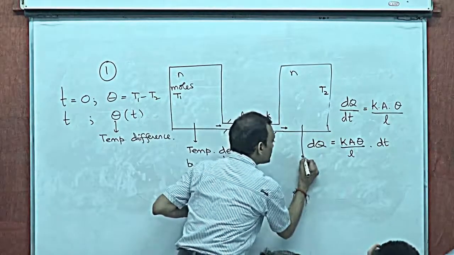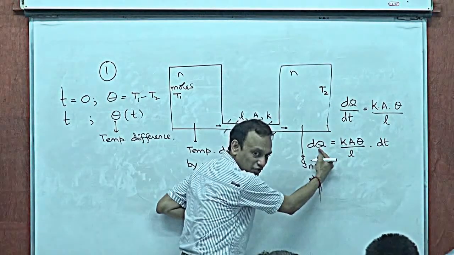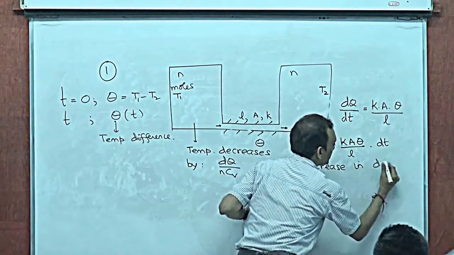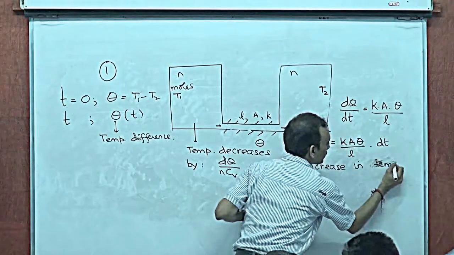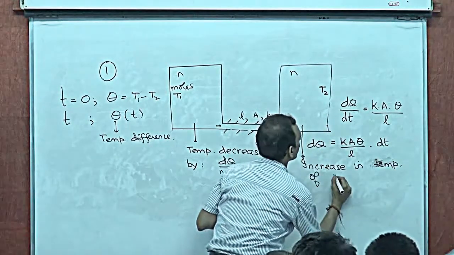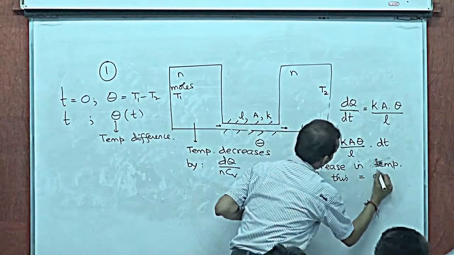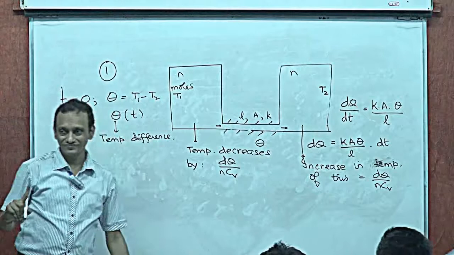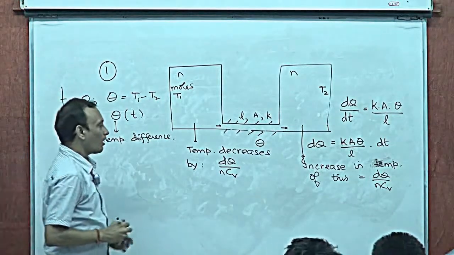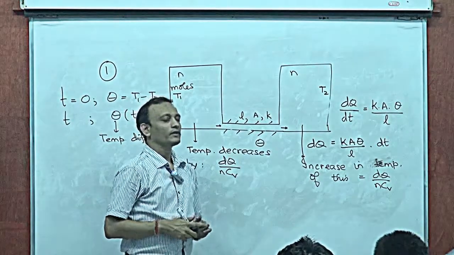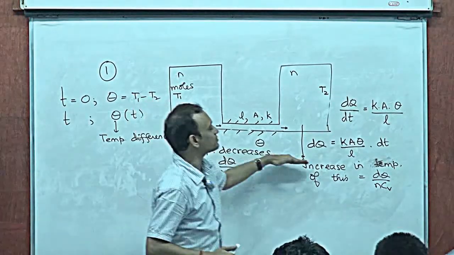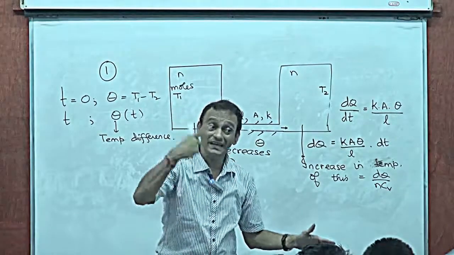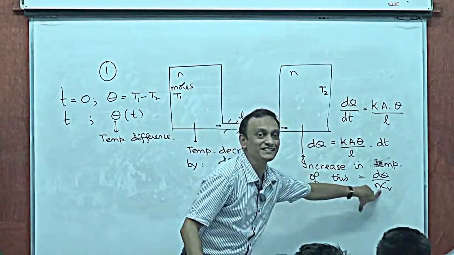The increase in temperature of this, because this has gained dQ, is going to be dQ by nCv. Yes or no? Now, if the temperature of this decreases and the temperature of this increases, the temperature difference will decrease by an amount this plus this.